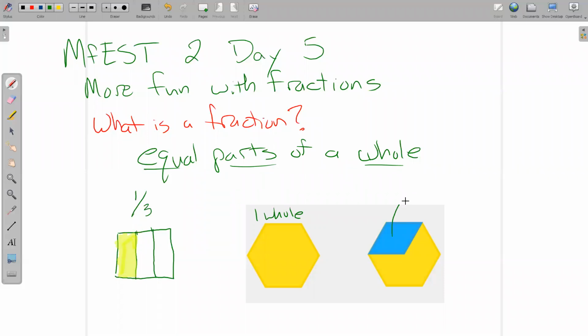So then this blue piece right here is 1/3 of the whole, because I can lay some more of those blue pieces down to see that 1, 2, 3 of them make up a whole. So one blue piece is, again, 1/3 of the whole.